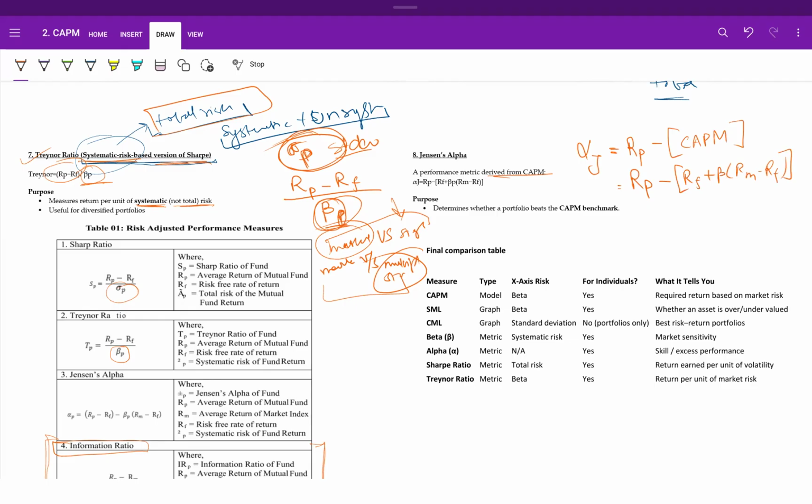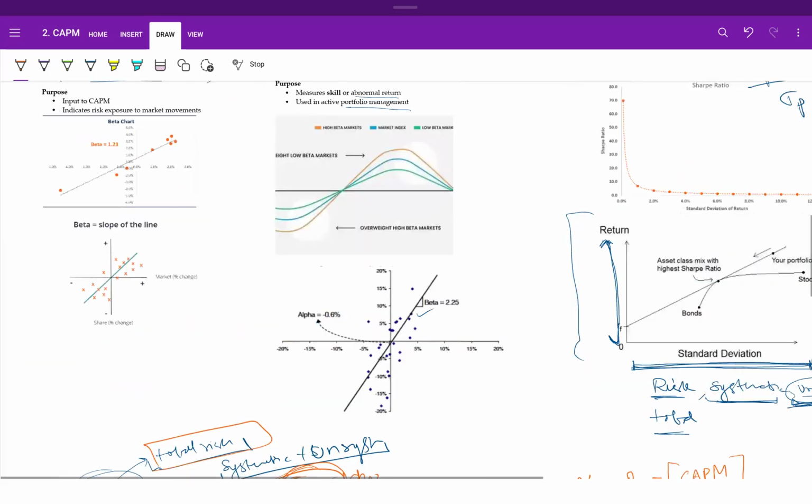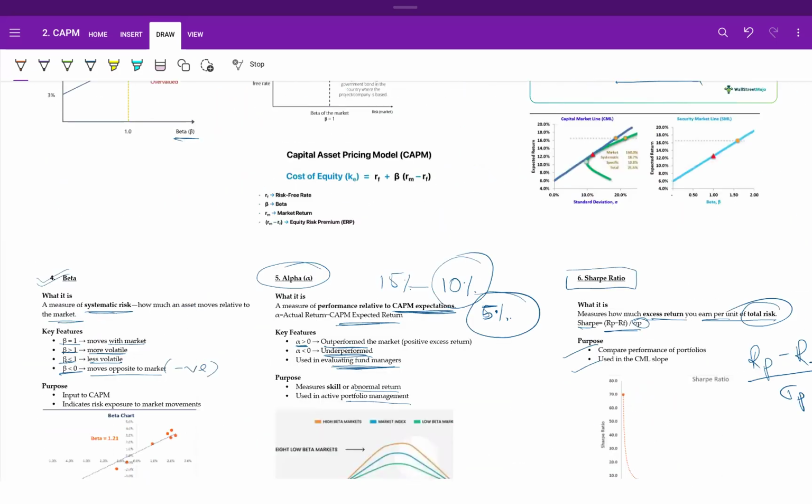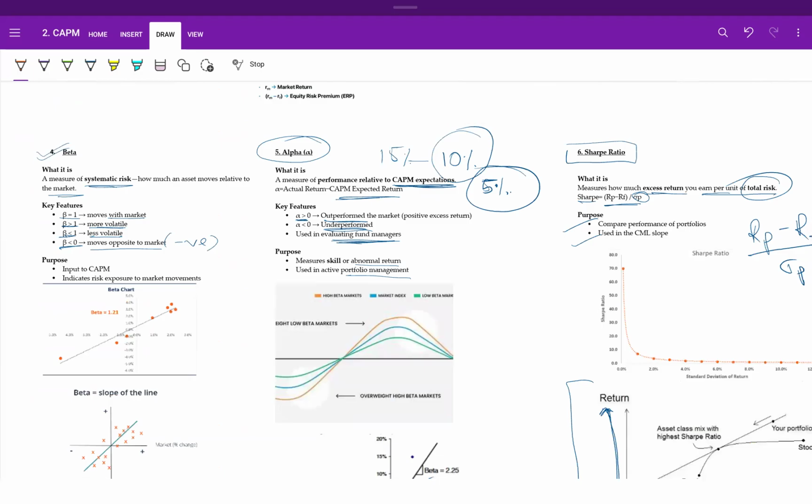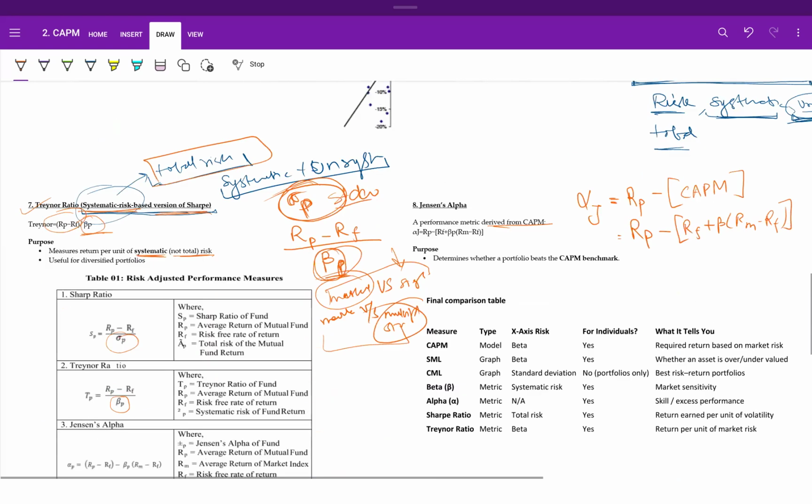And I think Jensen's alpha is similar to alpha. We had discussed alpha previously also. So Jensen's alpha is similar to alpha only. But here, when we talk about alpha, we are talking about the formula.